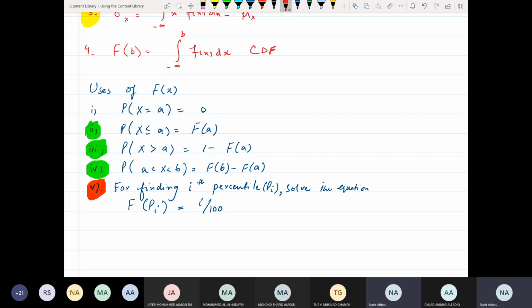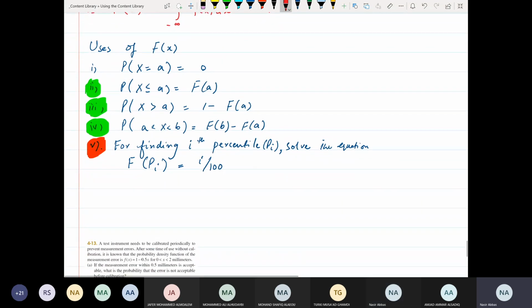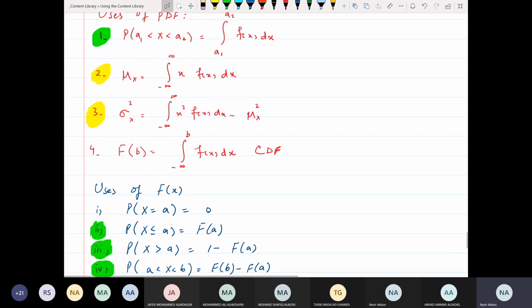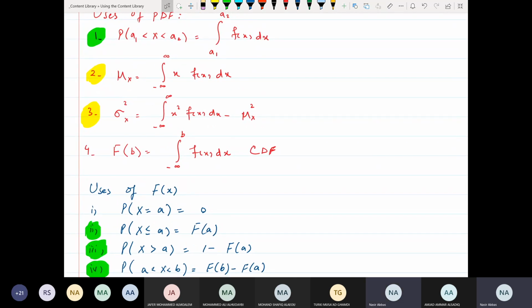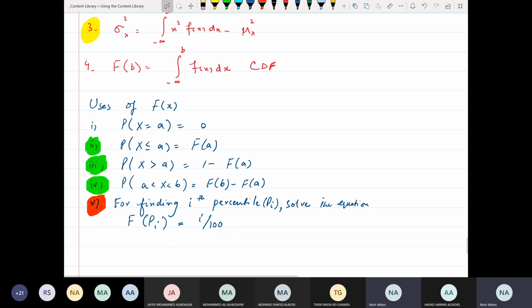Like to find any probability, whether less than probability or greater than probability or in between probability, both of them can be used. But there are some uses for which both of them cannot be used. The common examples are mean and variance. For mean and variance, CDF cannot be used. You have to use the PDF. And for percentile, PDF cannot be used. You have to use the CDF.